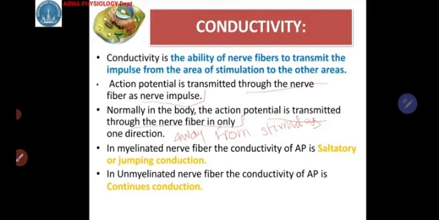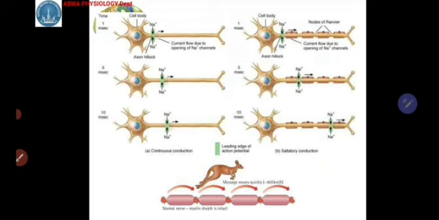In myelinated nerve fibers, the conduction is saltatory, or jumping. In unmyelinated fibers, the action potential is continuous. Saltatory, jumping, means this is the myelinated nerve fiber. It is very strong and very fast, much faster, about 400 km/h, while in continuous conduction they will be slow and in one direction.